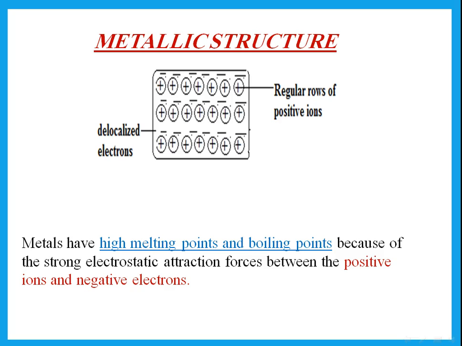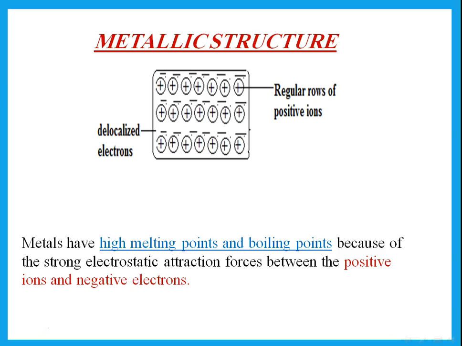So the metal is actually made of regular rows of, now that the electrons are a little bit far away, these are not atoms anymore, these are positive ions surrounded by a sea of delocalized electrons. So remember, if we're explaining, a metallic structure is made up of regular rows of positive ions surrounded by delocalized electrons.